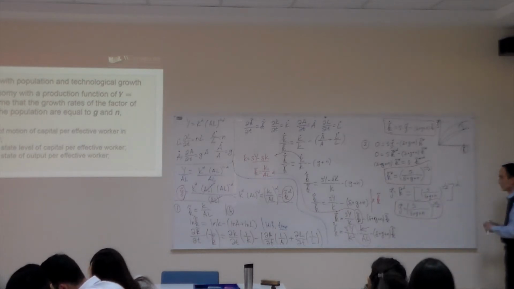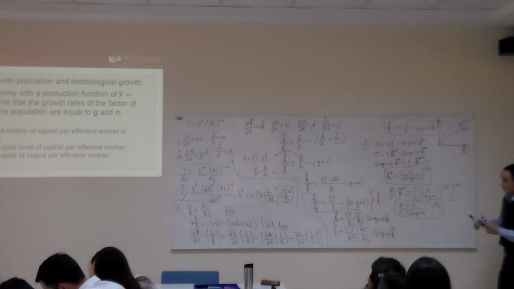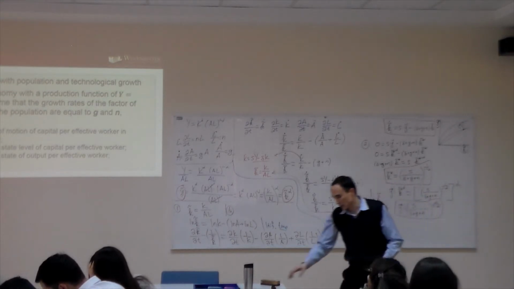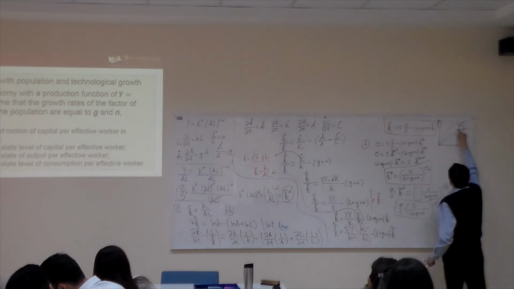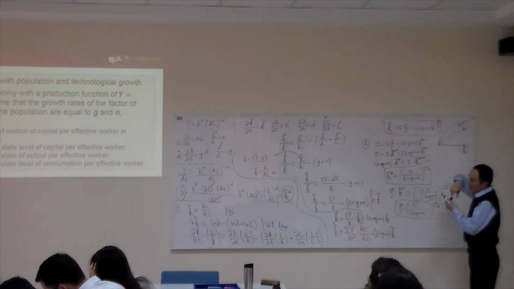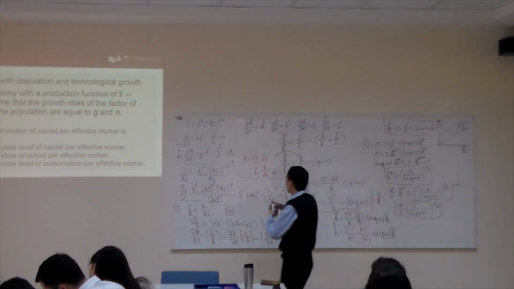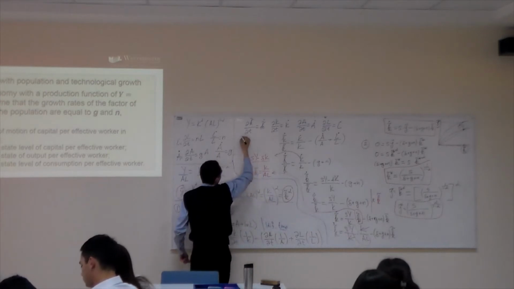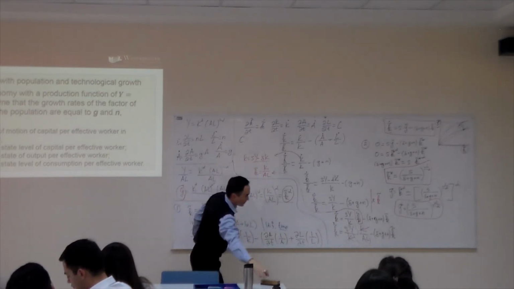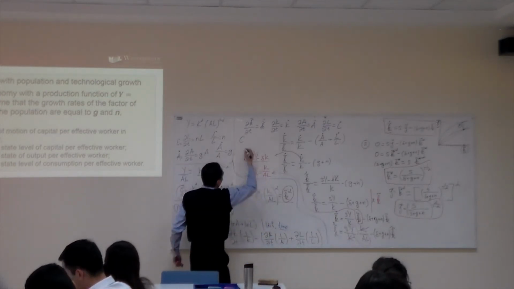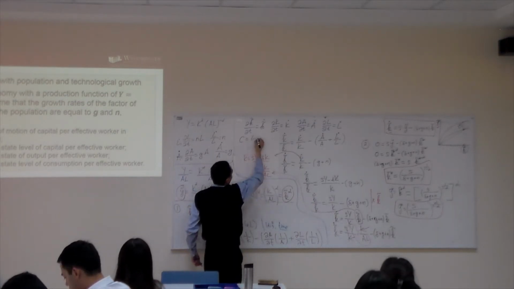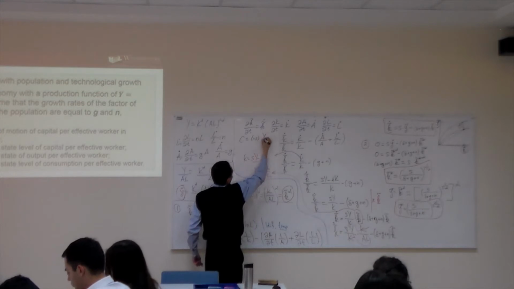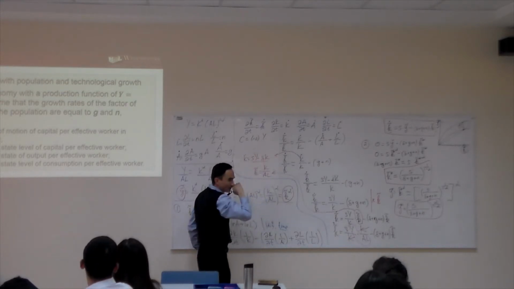And now the last one, we should find consumption per effective labor in the steady state level. Regarding consumption, you know that consumption is equal to 1 minus saving rate times output, yes?